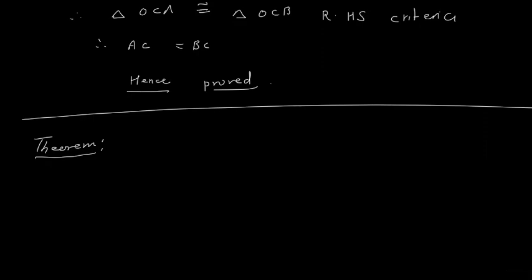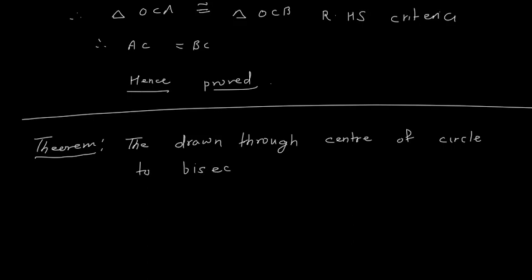Now my statement of the theorem is, the line drawn through center of circle to bisect the chord is perpendicular to the chord.